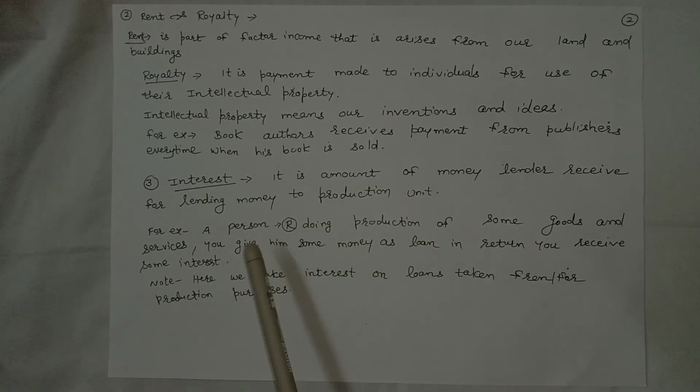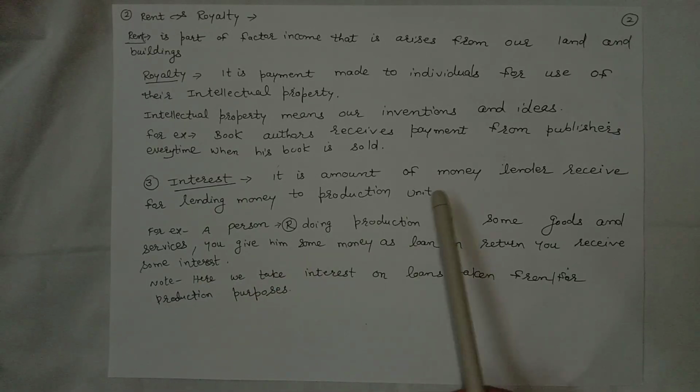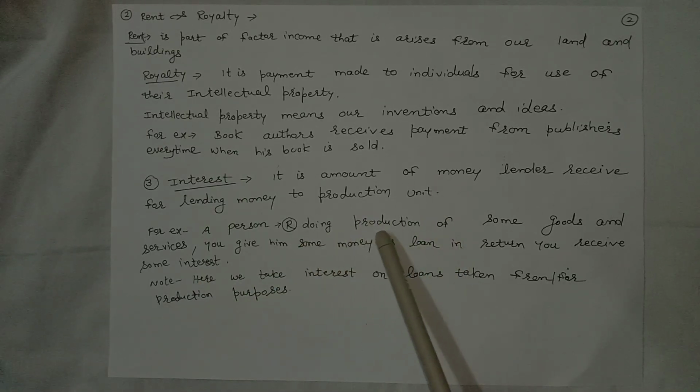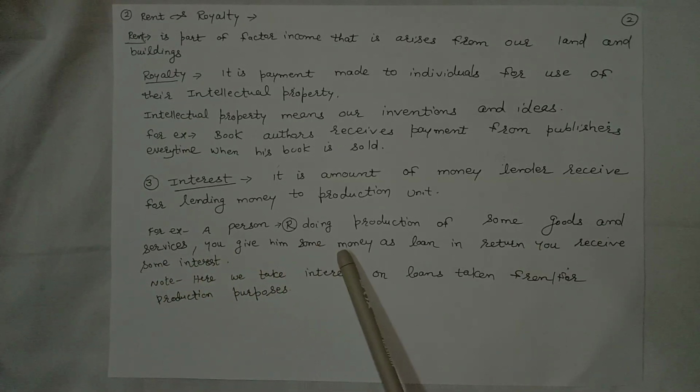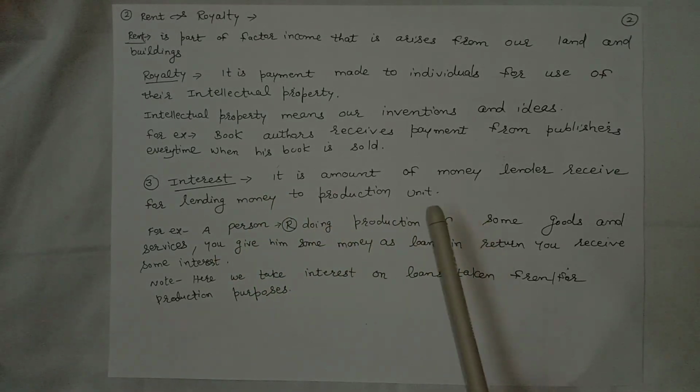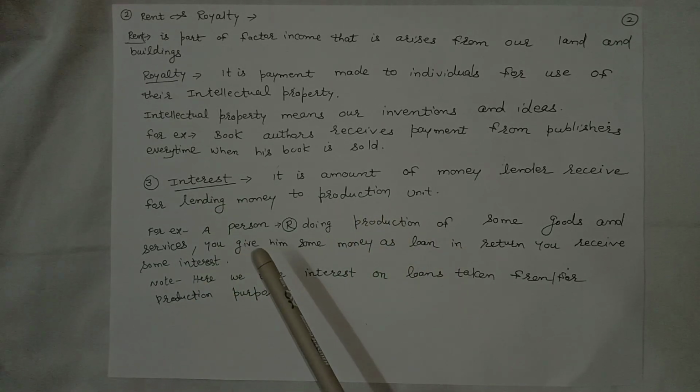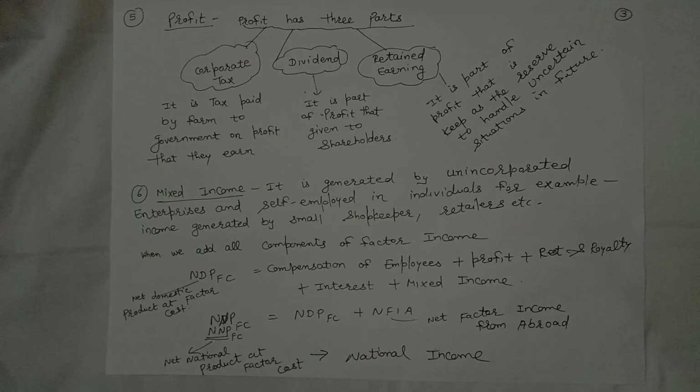For example, a person, let's call her R, is producing some goods and services. You give her some money as a loan. In return, what do you receive? You receive some interest. Here we take interest on loans taken for production purposes only.